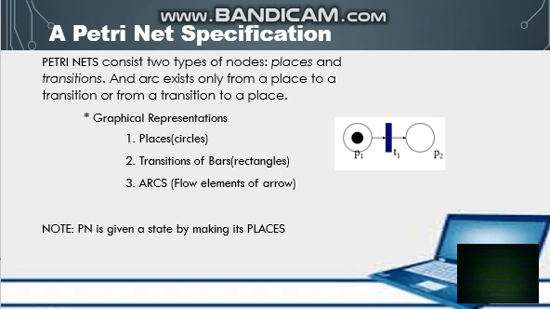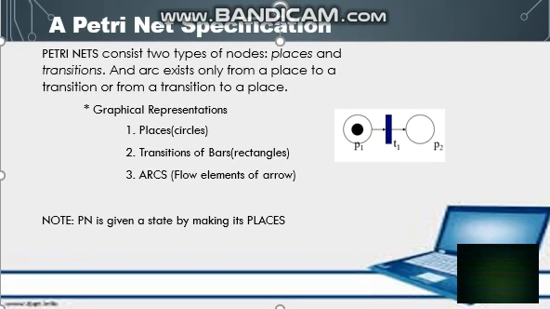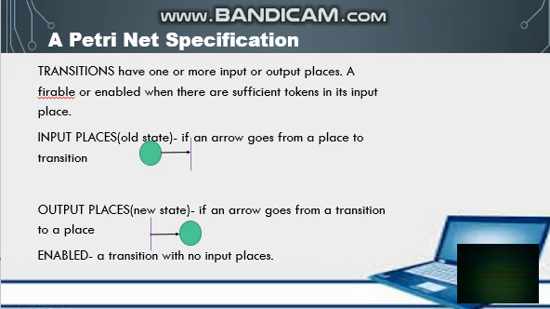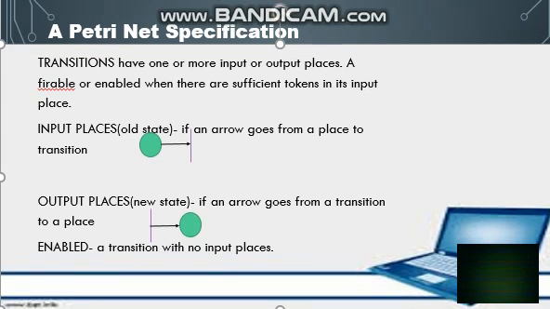So a transition has one or more input or output places. It can be fireable or enabled when there are sufficient tokens on its input places. So in a transition, we have two types. The first one is the input place, and the second one is the output place.